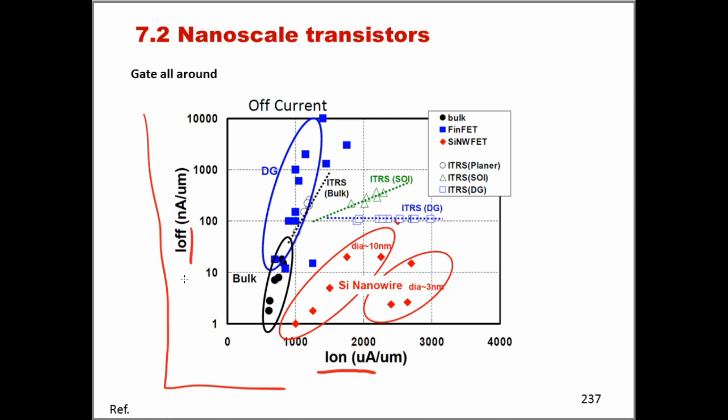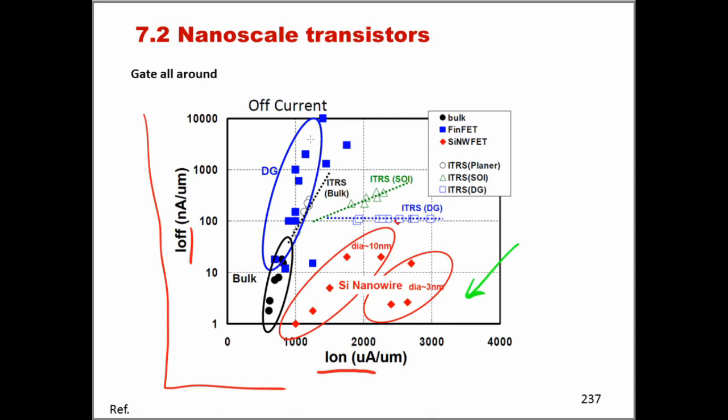So obviously what we want in a transistor is that when it's on it conducts as much current as possible, and when it's off the current is as small as possible. So really on this plot we would like to stay in this area, the bottom right corner, as much as possible.